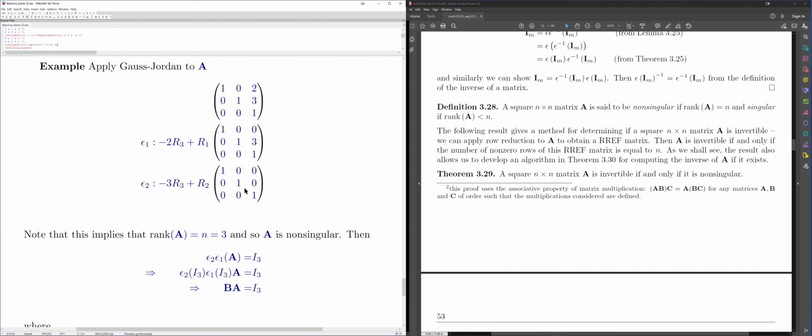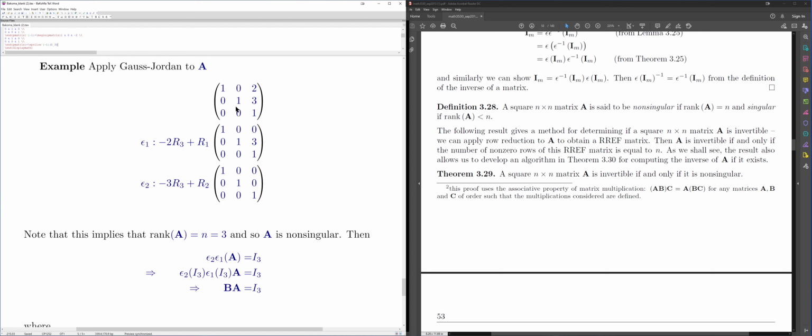If you didn't get the identity matrix, that would mean you would end up with a 0, which is not possible because you're not supposed to get any zeros when it's non-singular. So if it's non-singular, you would always get an identity matrix.